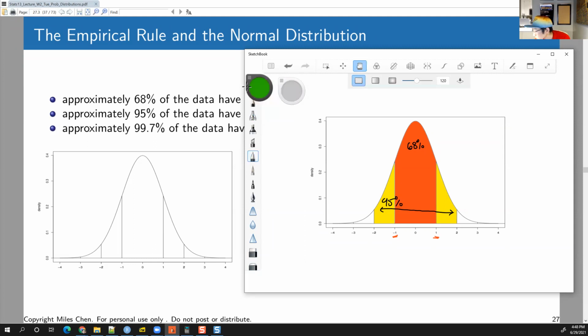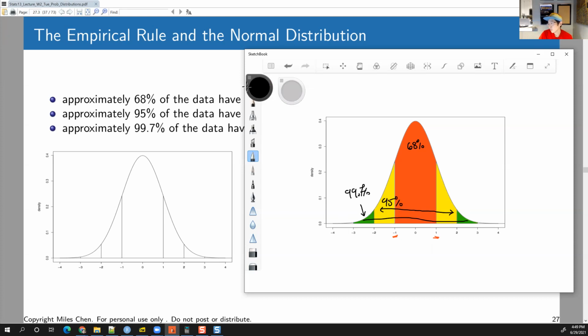Then let's keep going, and we're going to shade in this. This is almost everything, not quite everything, but this covers 99.7%. So almost everything is shaded, and you just have this tiny little sliver over here and over there.